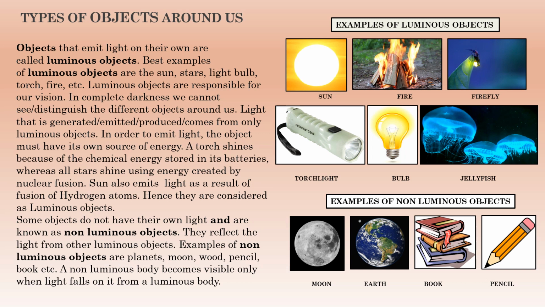Now, objects that emit light on their own are called luminous objects. Best examples of luminous objects, as you can see from the figures given, are the sun, stars, light bulb, torch, fire, etc.